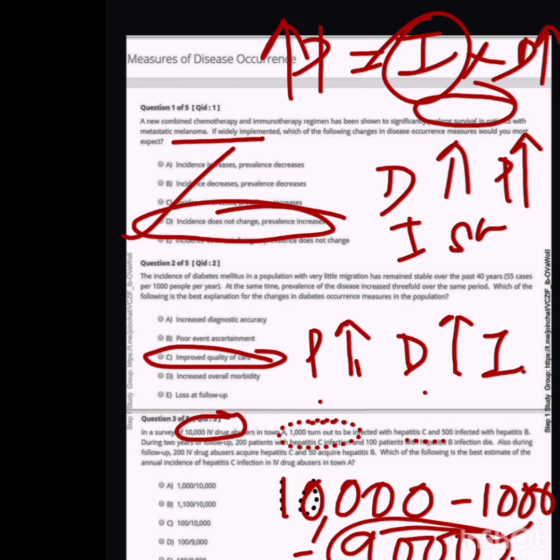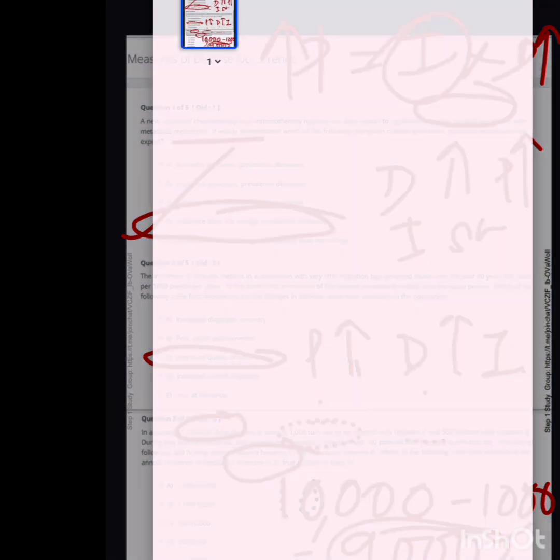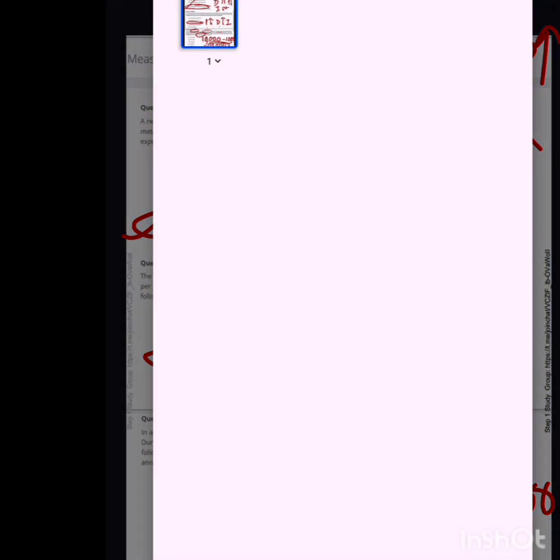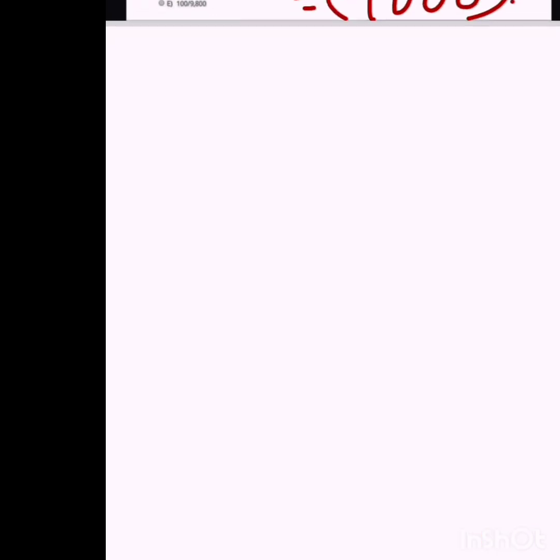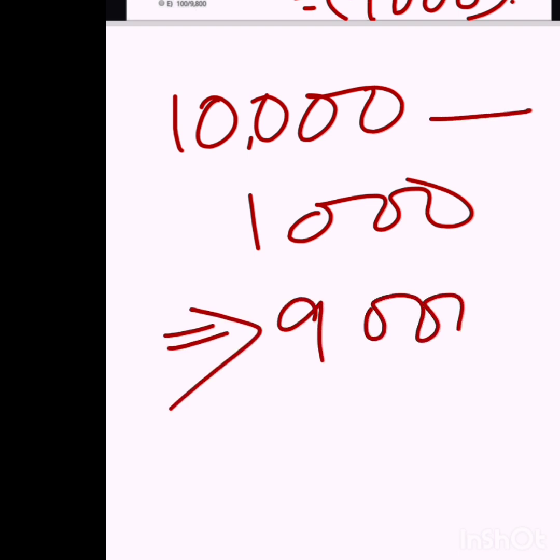Also during the follow-up, 200 IV drug abusers acquire hepatitis C. I will make it clear in a simple way. Out of 10,000, 1,000 are already infected, so you have to do the survey in these 9,000 people.